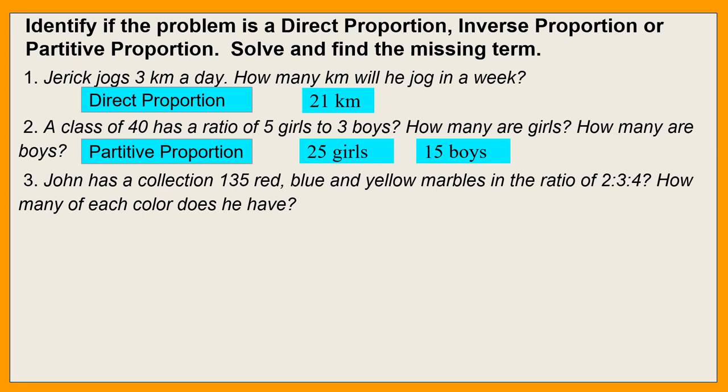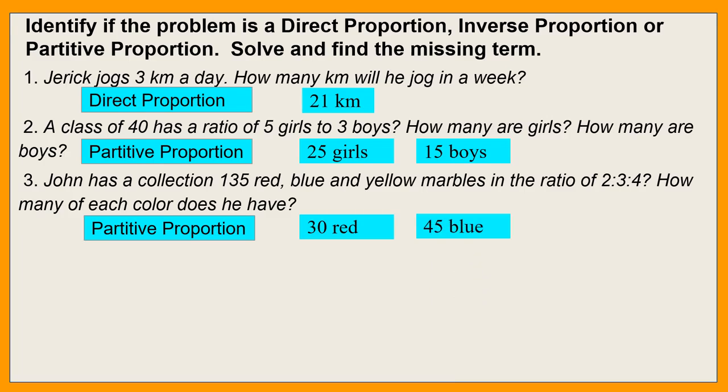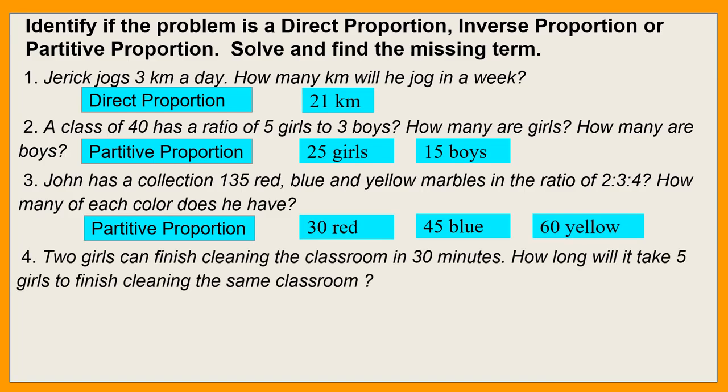How many of each color does he have? Okay, so this is, since nandyan yung total collection, again, this is a partitive proportion, and he has 30 red marbles, 45 blue marbles and 60 yellow marbles.